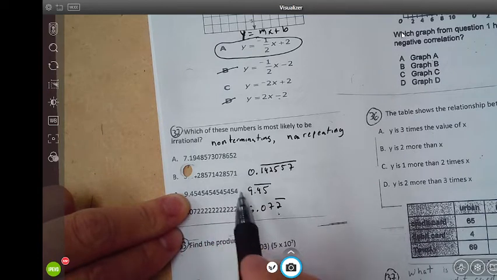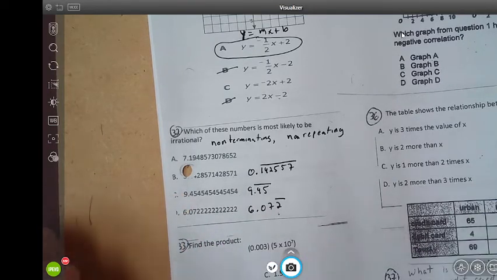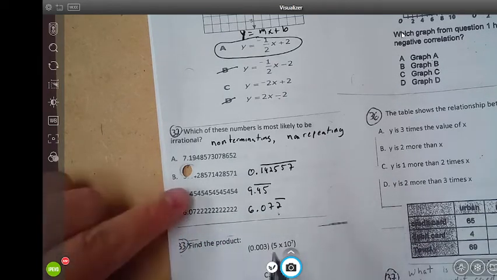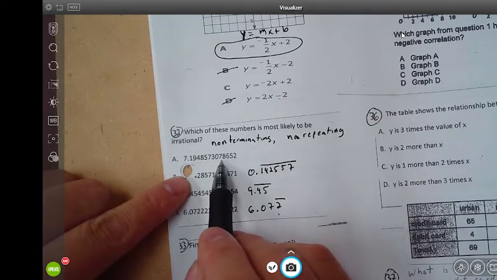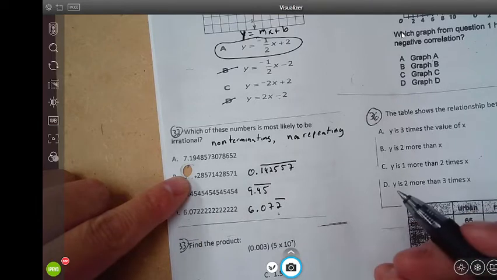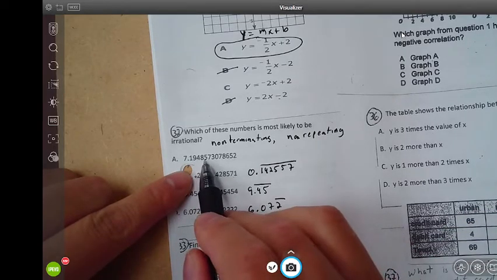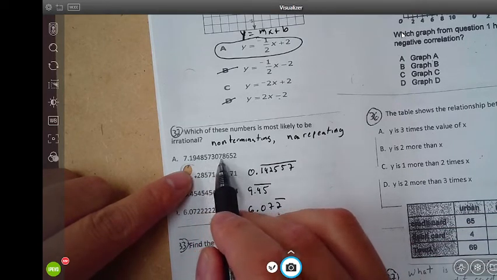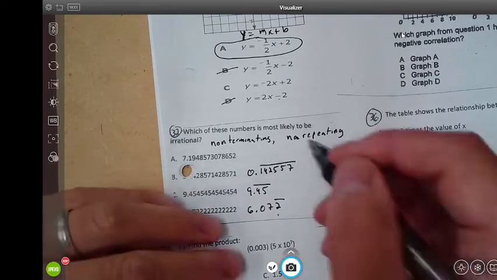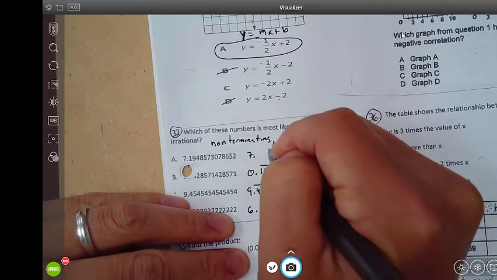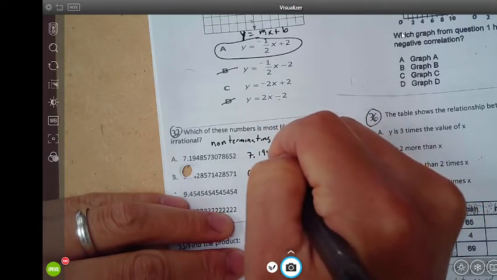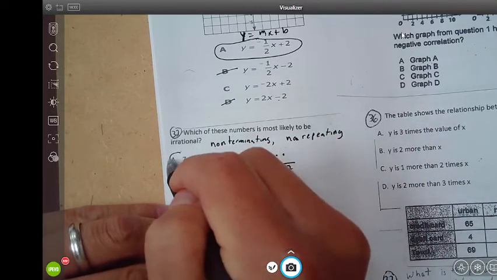It looks like there's a repeat. There's a repeating section there. This one, there is nothing repeating here, right? There's no pattern. There's no repeating pattern. 194857, 3078652. Nothing's repeating. This one is your non-terminating, non-repeating one. This is your irrational number here.